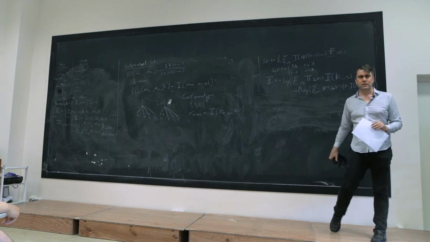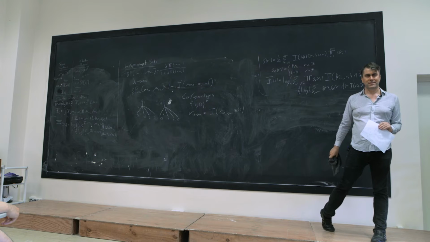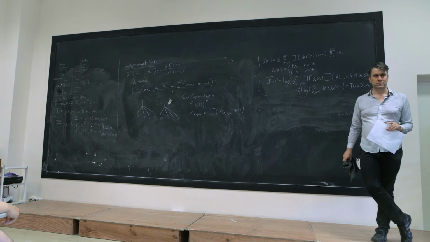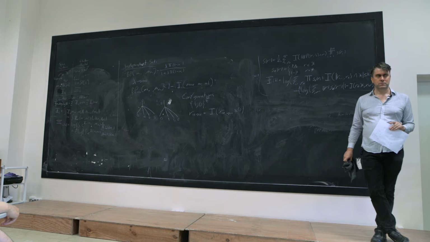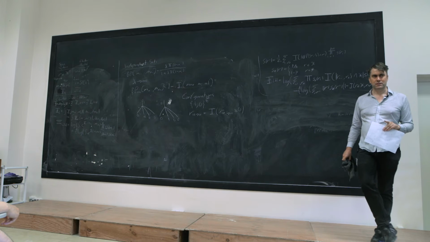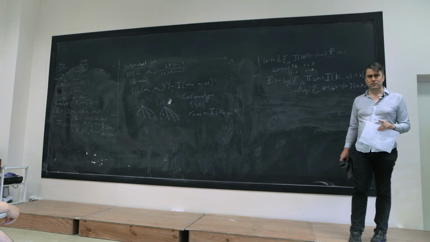Yeah. Maximum independent set is not equal to maximal independent set. Sorry, maximal, in the sense of subset, and maximum in the sense of cardinality. They are not the same concept.